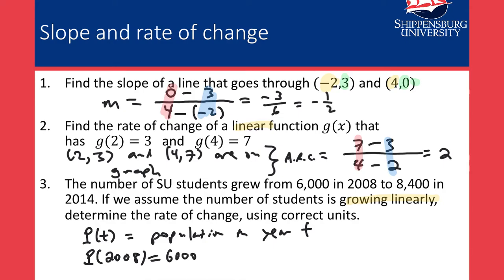When in year 2008, there were 6,000 students, and in year 2014, there were 8,400 students. And so once again, I'm doing this average rate of change calculation, and it should be the change in the inputs on the bottom, and the change, oops, that's not the inputs.